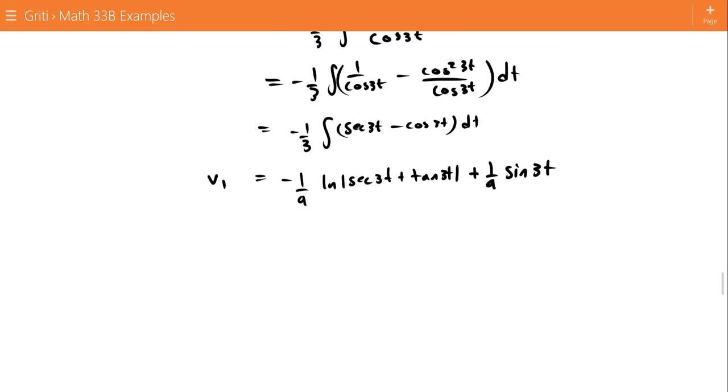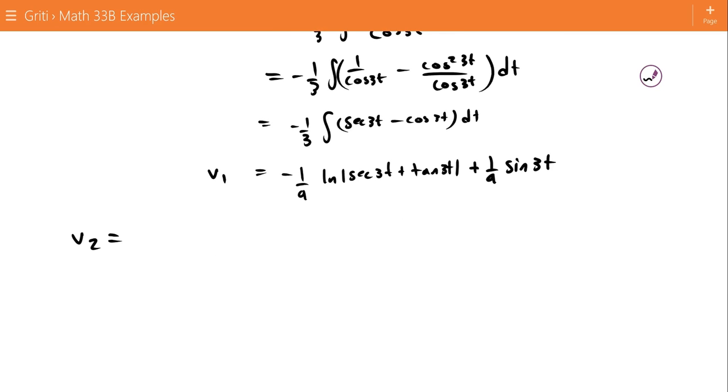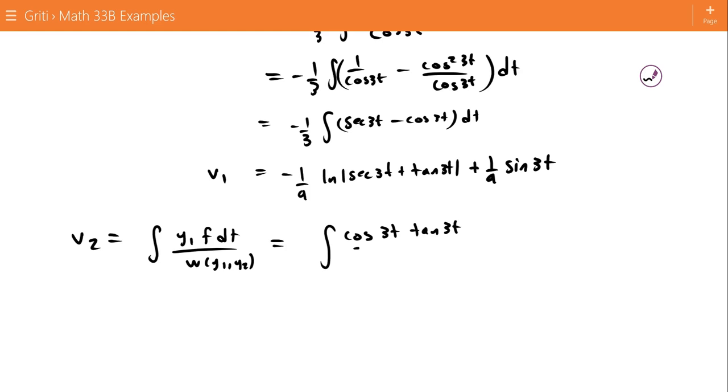That's v1. And then v2 we find using the formula, the integral of y1 f dt divided by the Wronskian of y1 and y2. That's going to be the integral of cosine 3t tangent 3t over 3 dt.